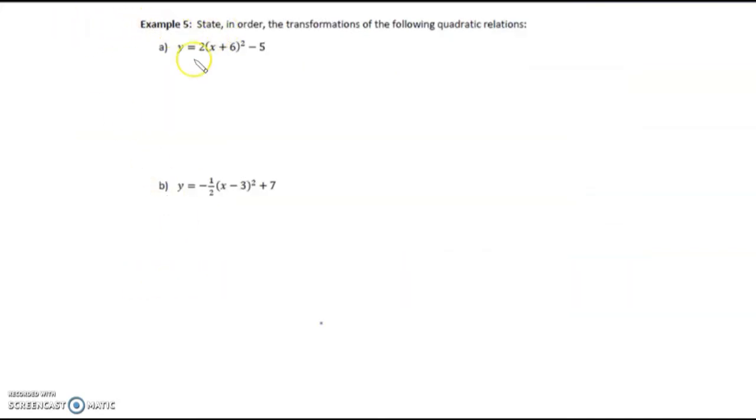Okay, example 5. We're going to state in order the transformations that have been applied to the quadratic relation. Remember, y equals x squared is the base. So we have a 2 here, so this is a vertical stretch by a factor of 2.